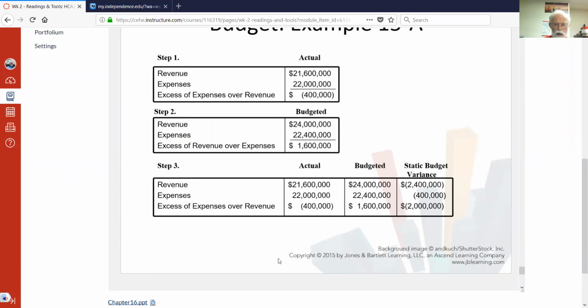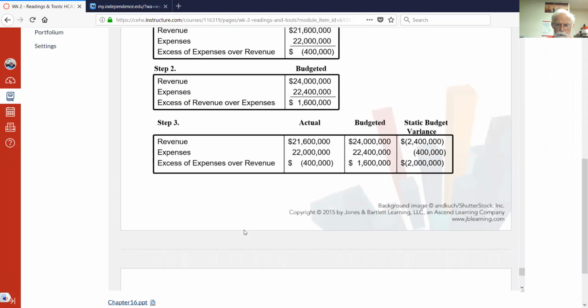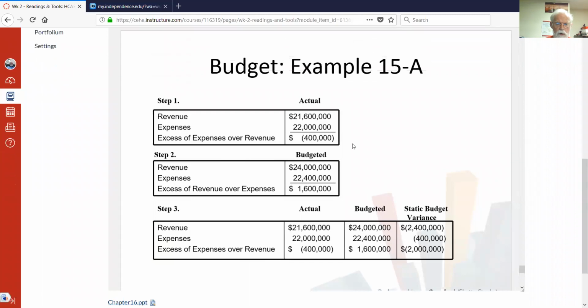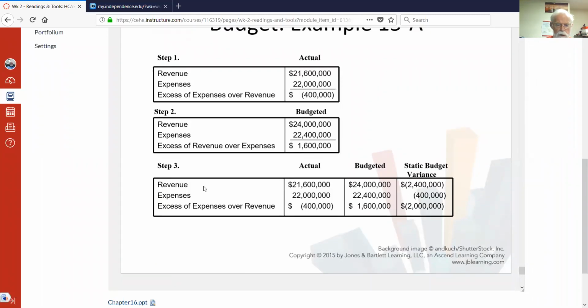I'm not going to go through a lot of these. These are typical. You've probably seen things very, very similar in your accounting classes. Just looking at a static budget here. So this is a static budget, and we have a budget of expenses.